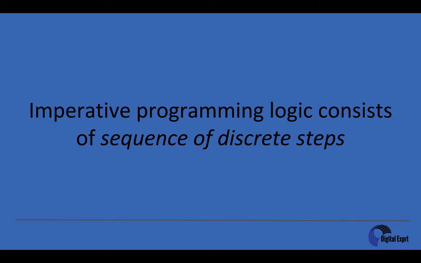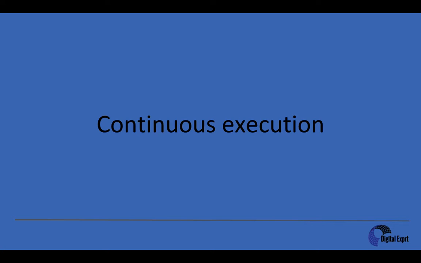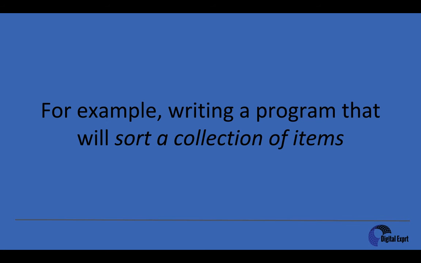We have a process that we want to implement, and it consists of a number of steps that follow each other. It is also based on the idea of continuous execution. The execution never gets interrupted. It just starts from one end and goes all the way down to the bottom, to the end of the execution. An example would be a program that will sort a collection of items.